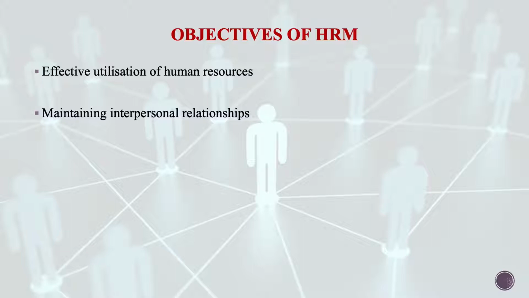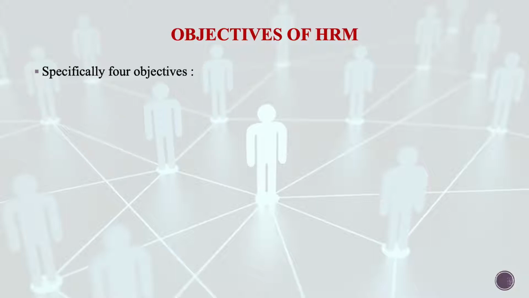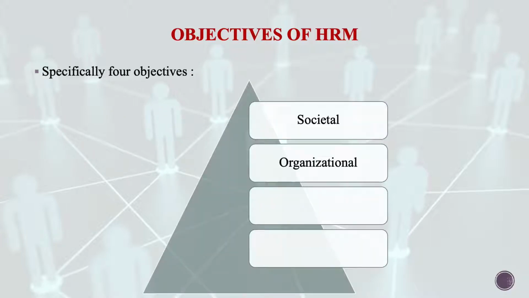The relationships need to be very, very harmonious, and contributing for the development of the individual in terms of training, learning, etc. And more specifically, the core objectives in terms of societal, organizational, functional, and personal.